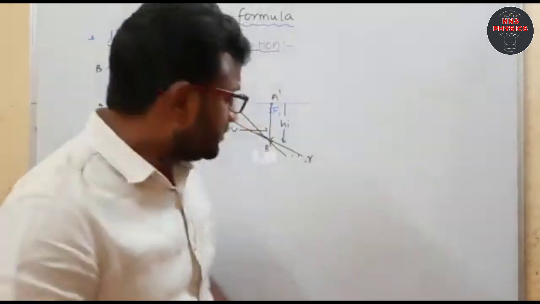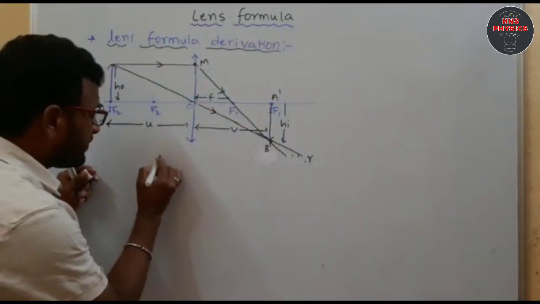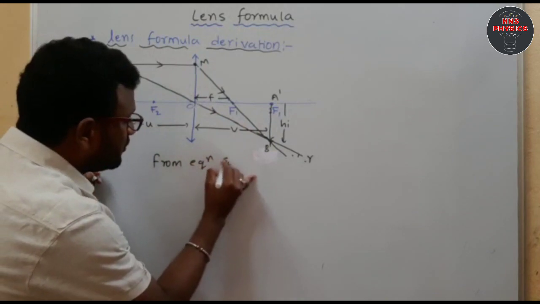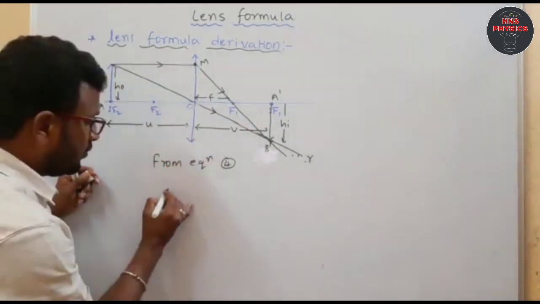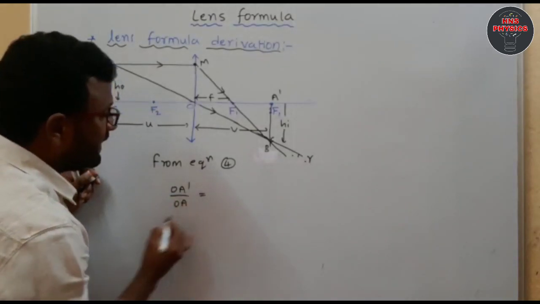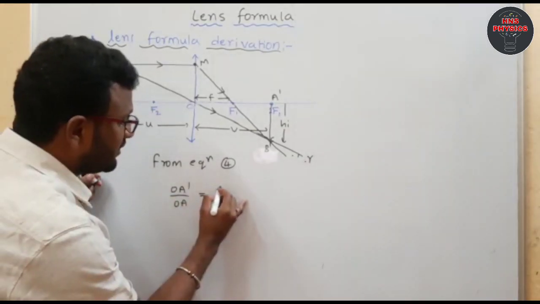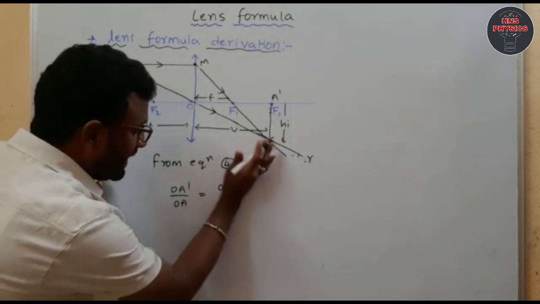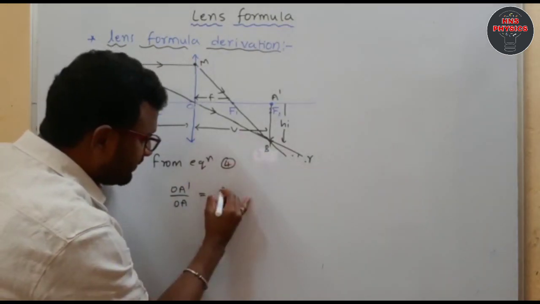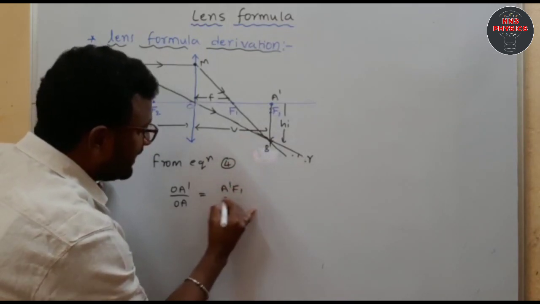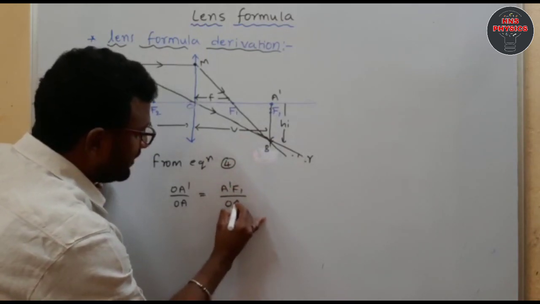From equation 4, what is the equation? OA dash by OA equal to A dash F1 by OF1.